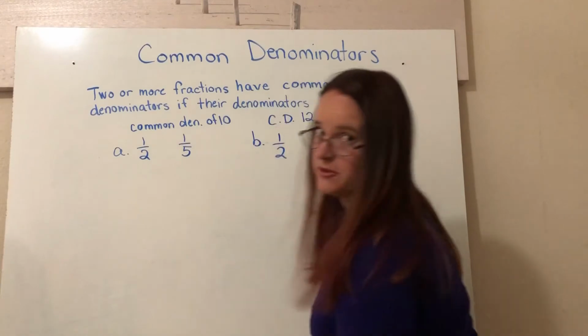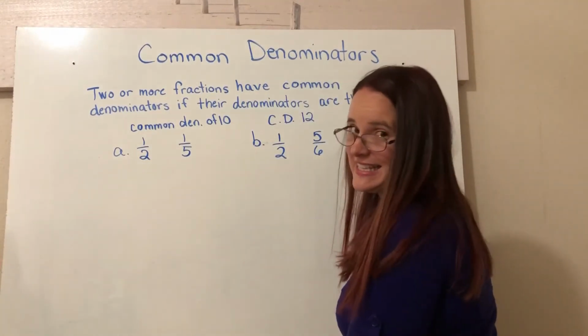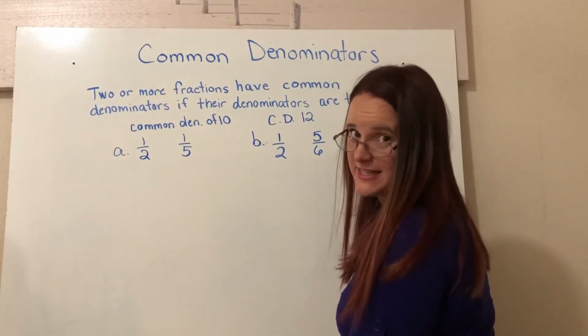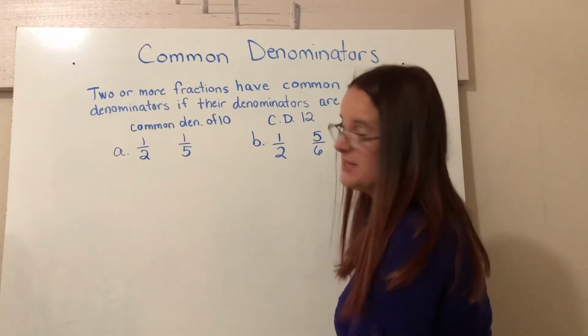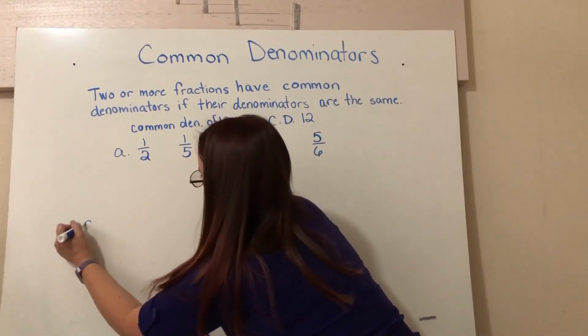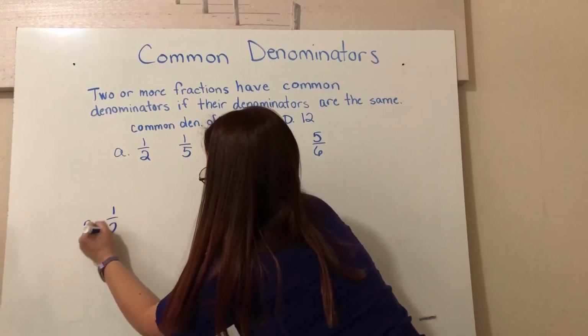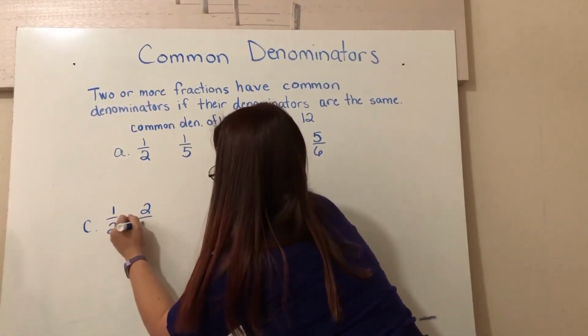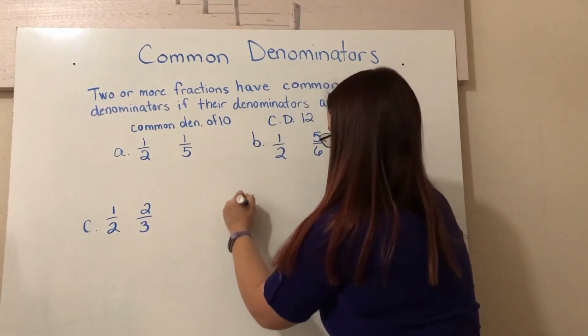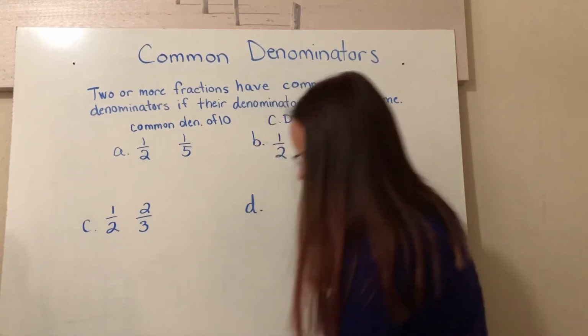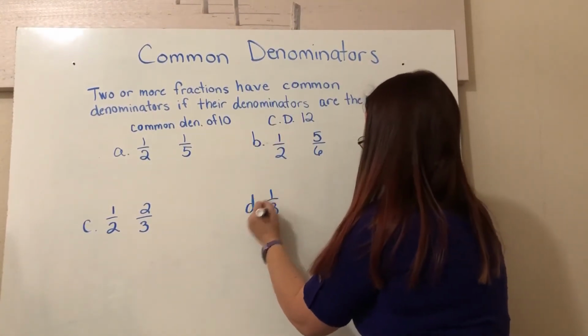For the rest of them, you're supposed to find the least common denominator, which means the smallest possible common denominator. So for C, you'll be doing that for 1/2 and 2/3. For D, you'll be doing that for 1/3 and 1/4.